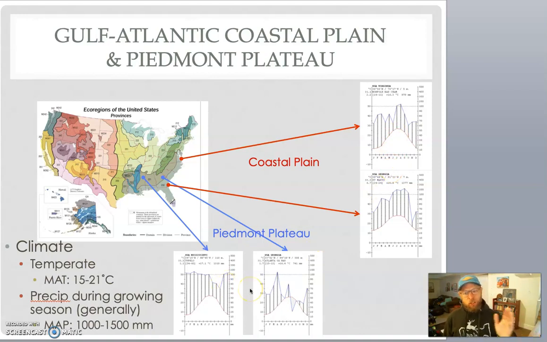But then as you move a little bit further west into the Piedmont, you start to get some areas where you might have some dry spots during the summer. So in this Mississippi, not a huge dry period, but a little one. But then you can see in parts of Georgia, we might have a fairly dry period for part of the year. So as you move west, we're starting to get into conditions where you might have some mild drought conditions.